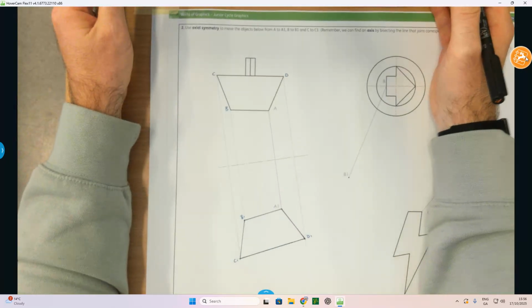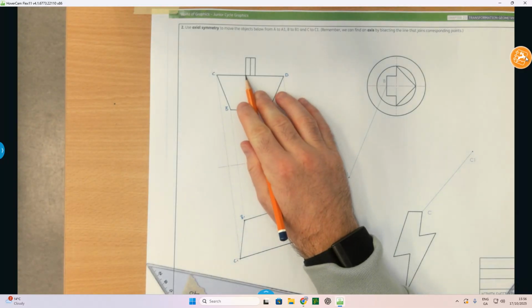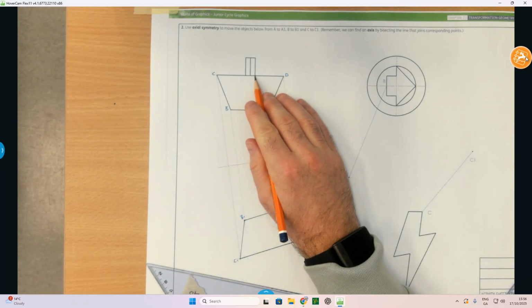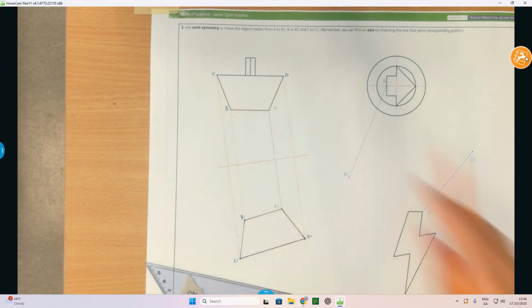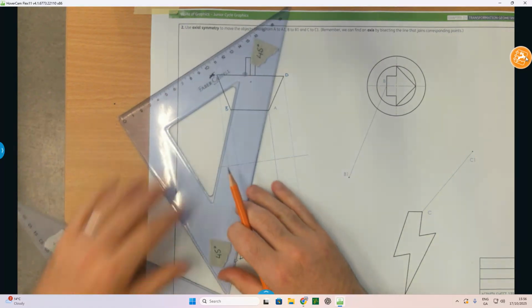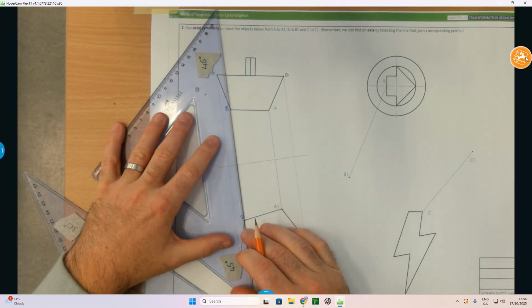Now I want to get the bit at the top. The easiest way to find these three points, 1, 2 and 3, is simply to mark them down until they hit the line. They're on the line CD. So if I take my set square and put it on any of the lines that I projected, I'll just join B to B1.